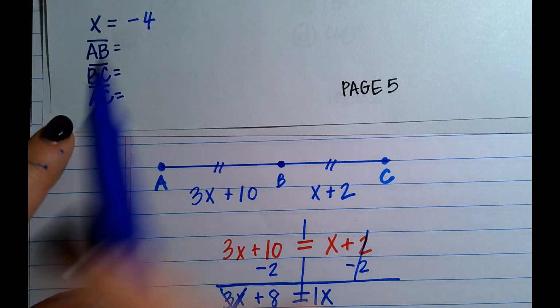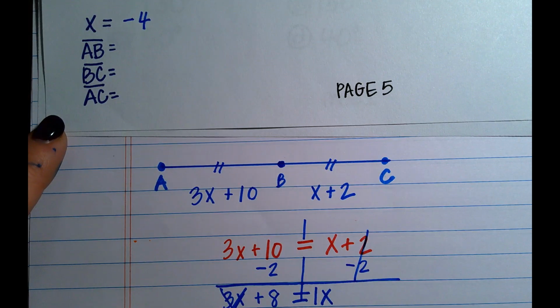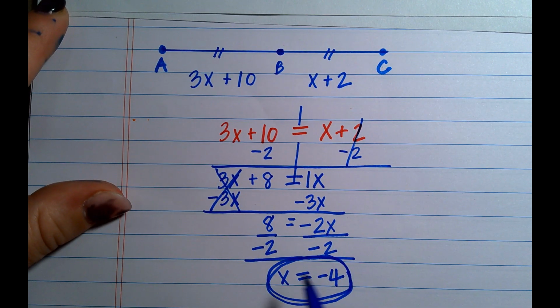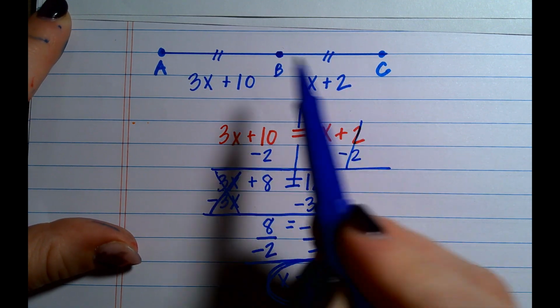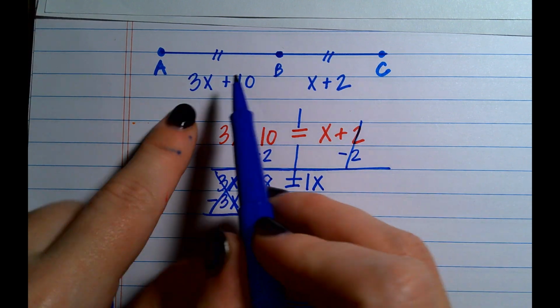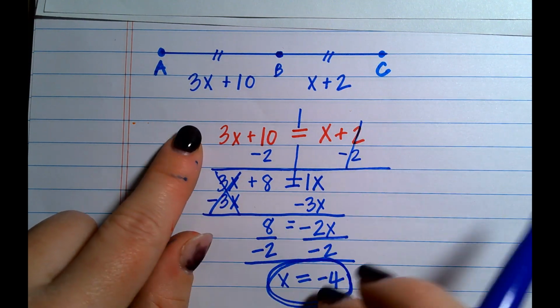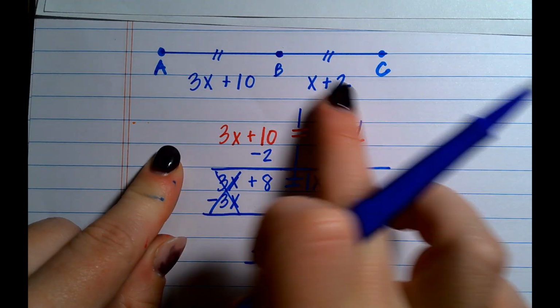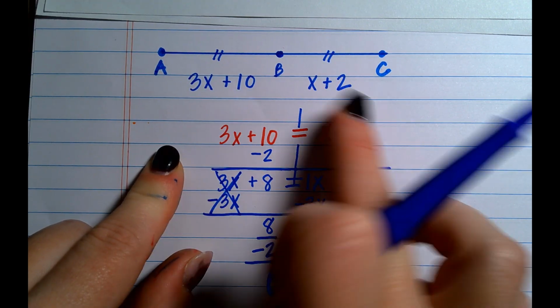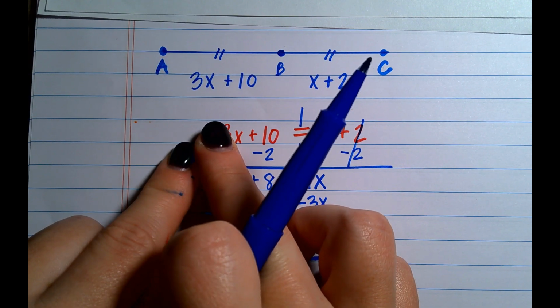Now, what I can do to find the rest is I can plug in my x value to these other values that I don't know. AB is the same as BC, so when I plug in negative 4 to both of these, I'm going to get the same answer, or at least I should.